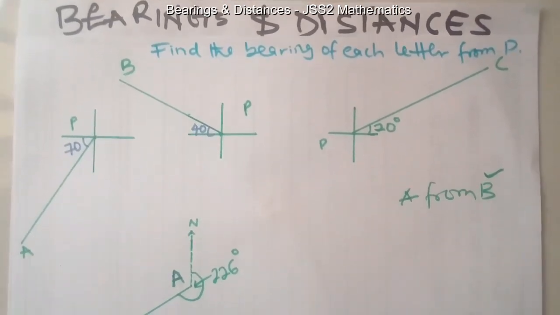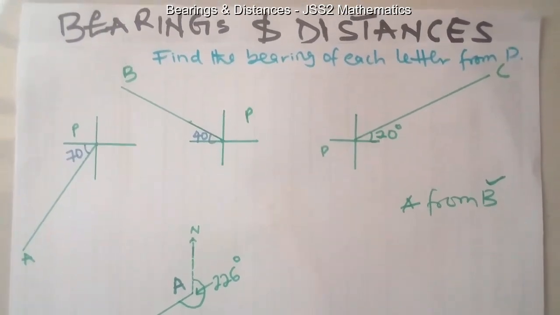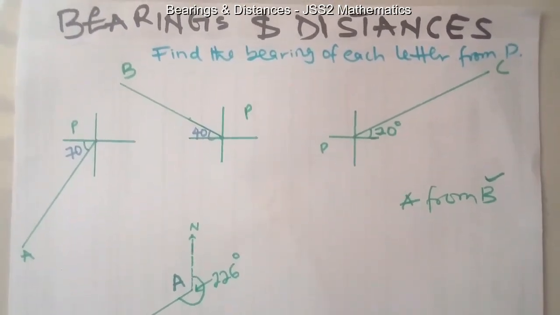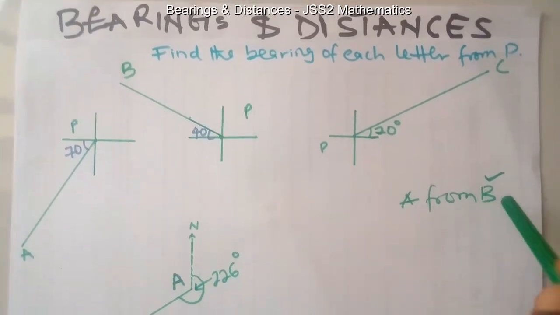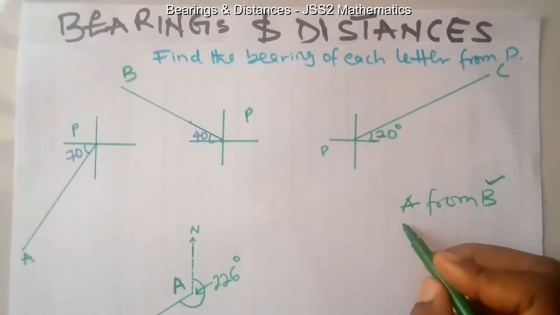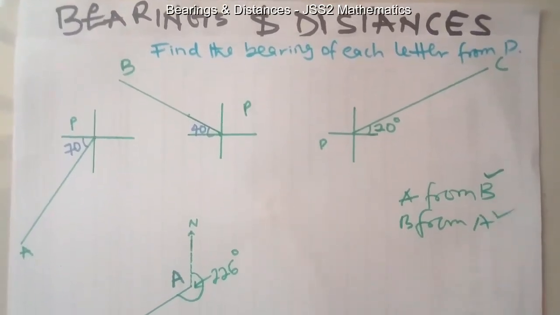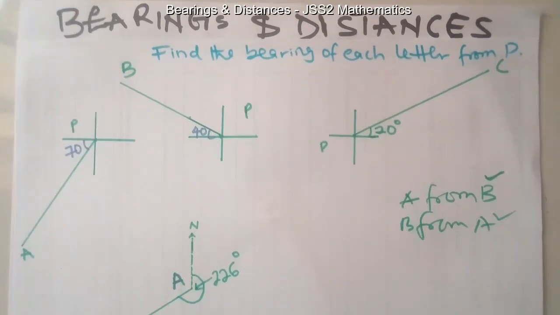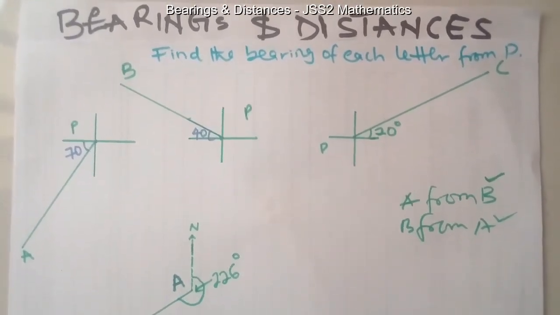Just like if you're asked where are you coming from, they want to know where in particular you are coming from. That place you are coming from is the starting point. Also, the bearing of B from A, A is the starting point. That means we measure bearing starting from the north in the clockwise direction.